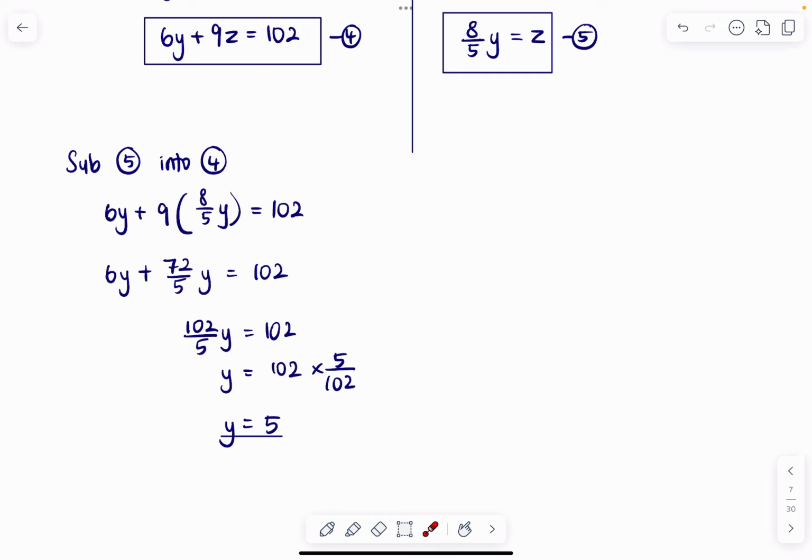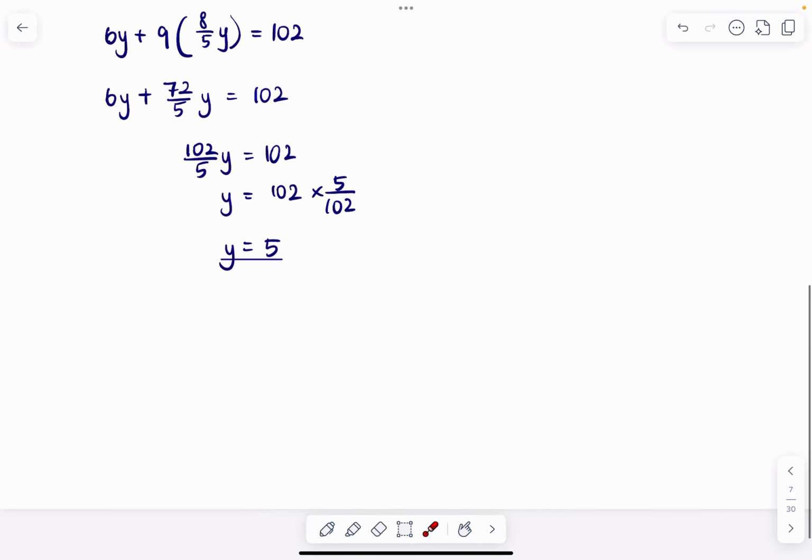So 8 over 5y equals to z. So 8 over 5 of 5 equals to z. Cut, z will be 8. Done.